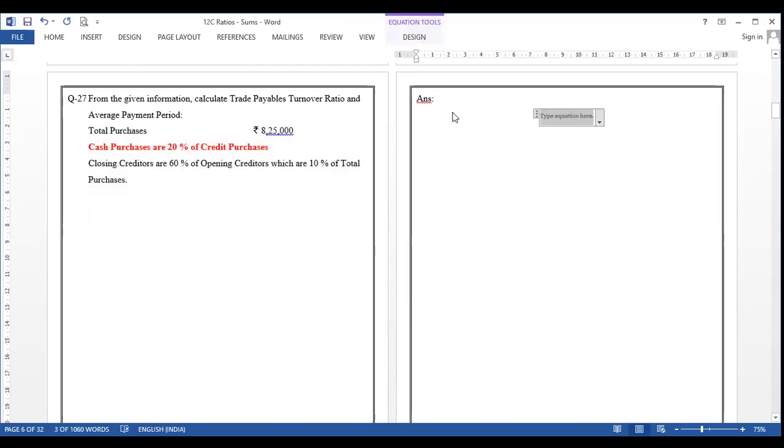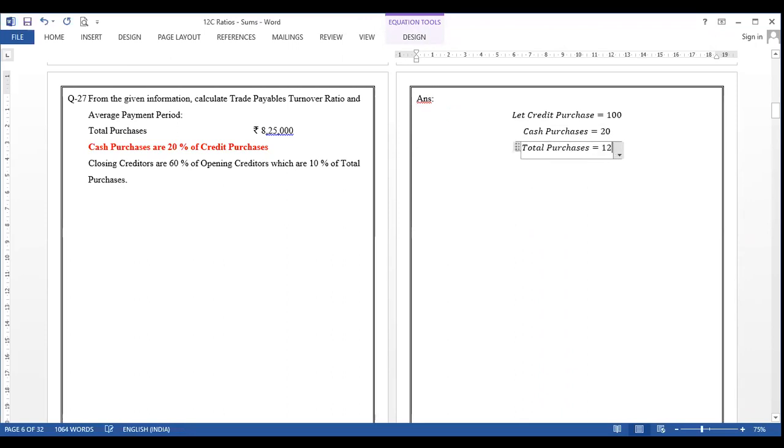So the first step will be to take credit purchase as 100 and cash purchase as 20. Let the credit purchase be 100, and cash purchases is 20. So total purchases will be 120.